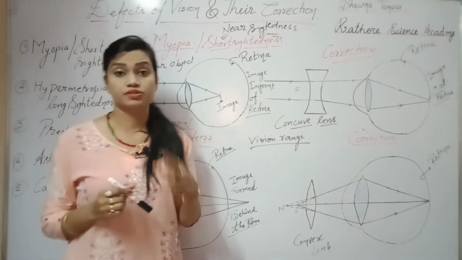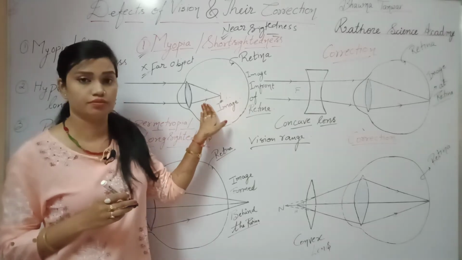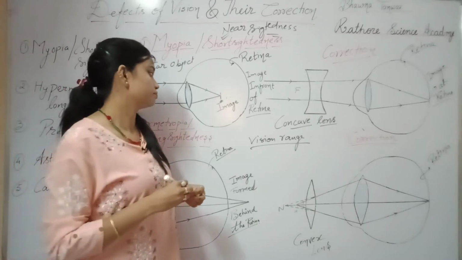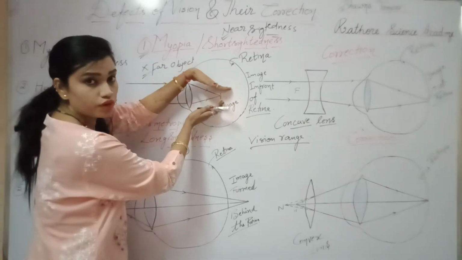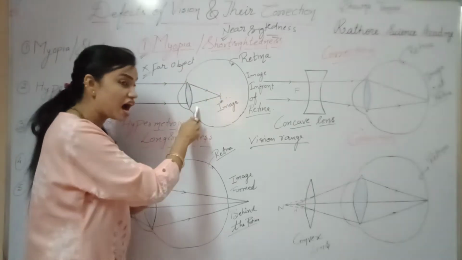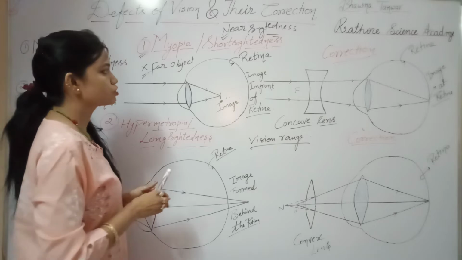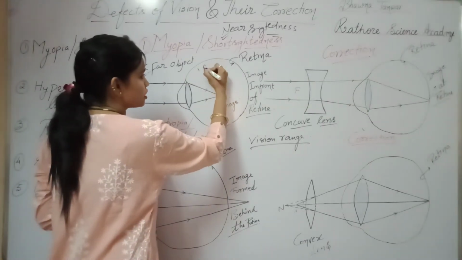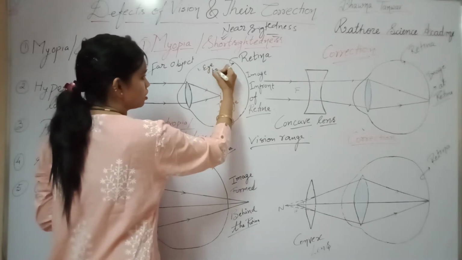Second, it might be that the light ray which entered the eye, the refracted ray, converges more. Why? Due to the high converging power of the eye lens. So what are the two reasons? First, enlargement of the eyeball.